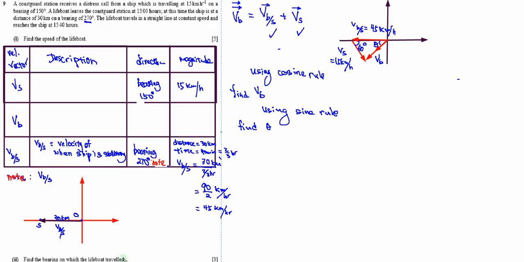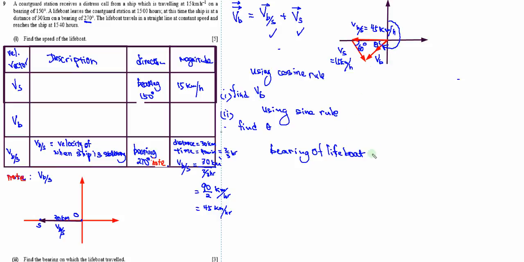Then for the last part here, this one is for part 1, these two, then for part 2, the bearing of the lifeboat is actually this angle from here all the way to here.